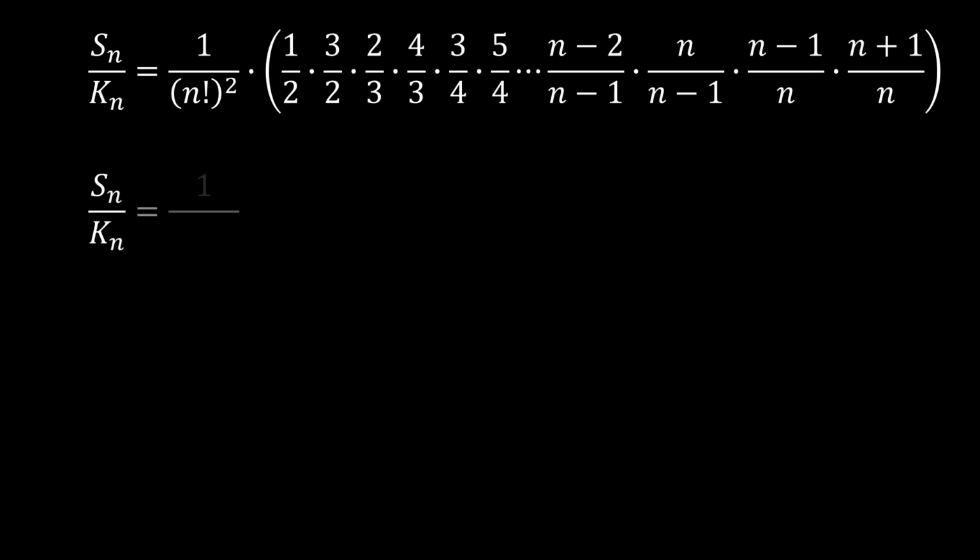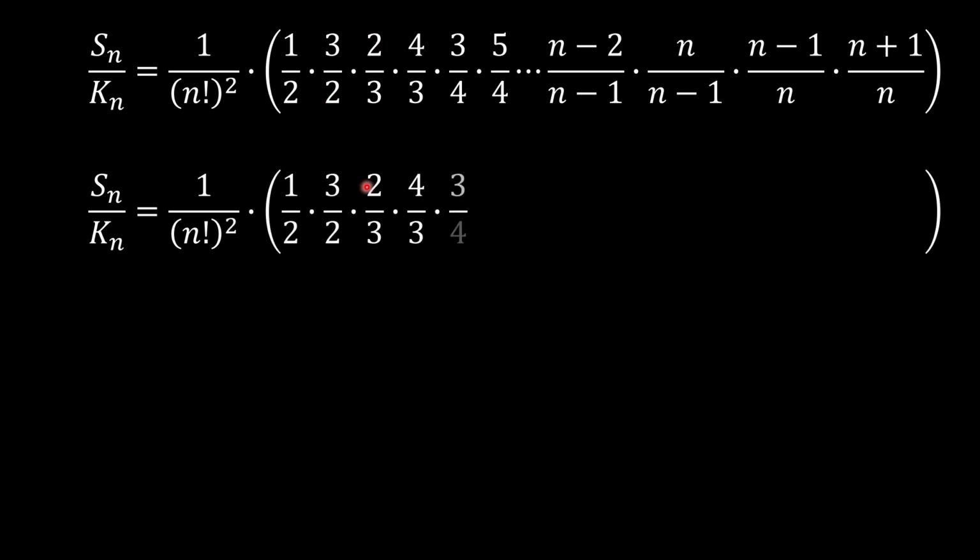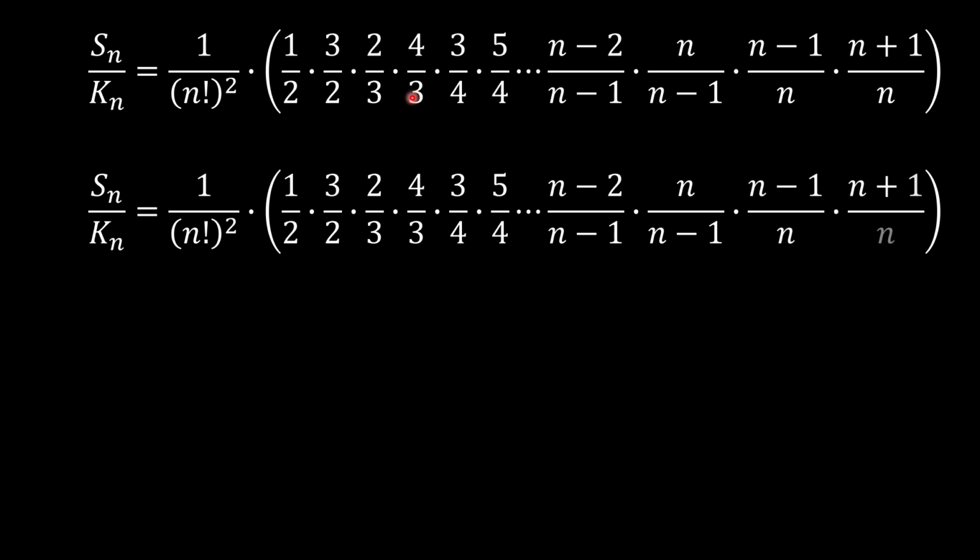so if we cancel this 2 and this 2, and then this, so we have 2, 2, 3, 3, 3, 3, 4, 4, 5, 5 and then 4. You realize that these intermediary parts cancel out.